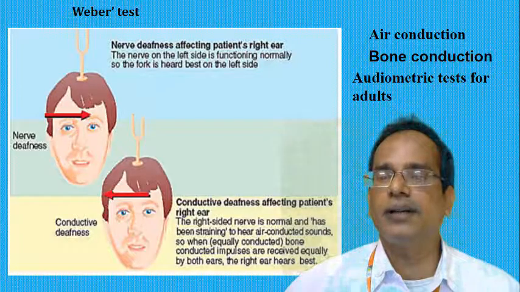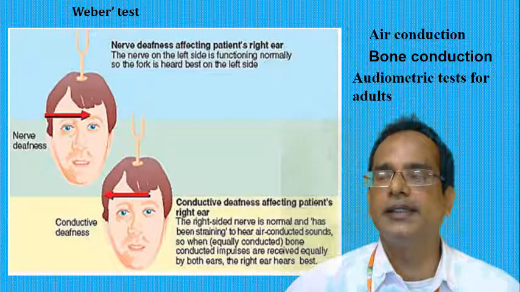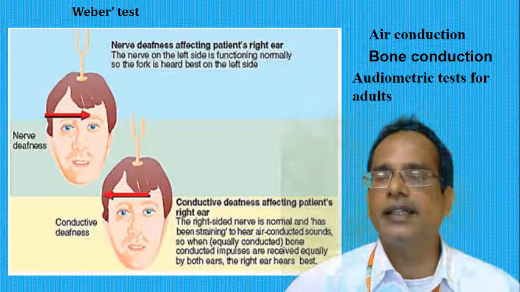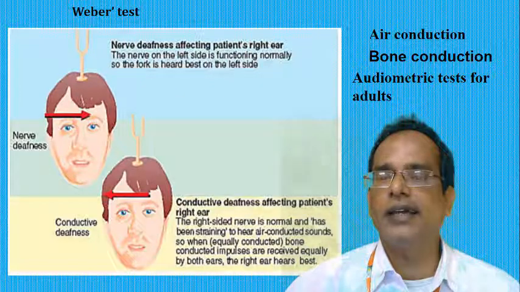Thus the audiogram obtained using both bone and air conducted sounds provides information about the integrity of both middle and inner ears. A difficulty in hearing only air conducted sound results in a separation of the bone and air conduction audiograms. That's why we call it the air-bone gap.